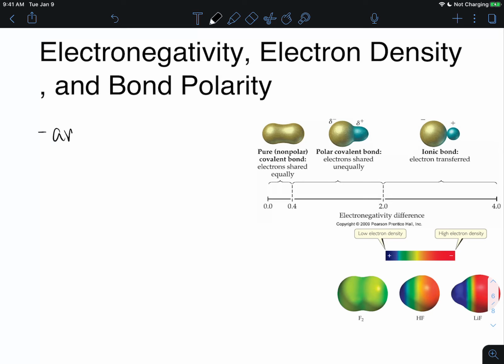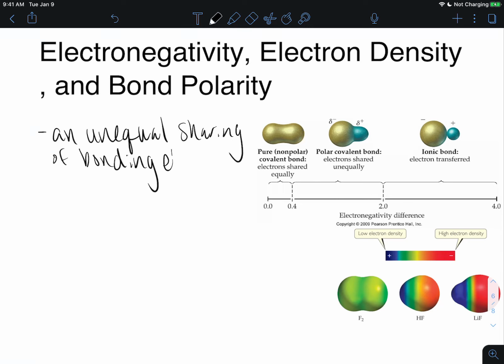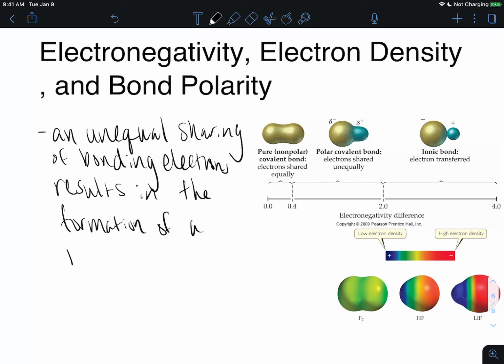So an unequal sharing of bonding electrons results in the formation of a polar covalent bond.